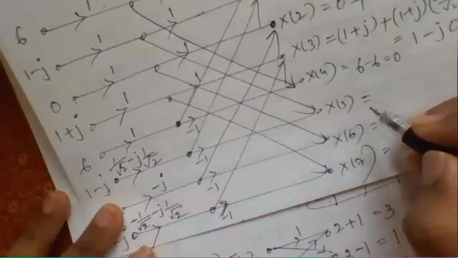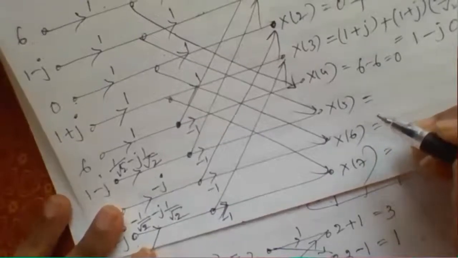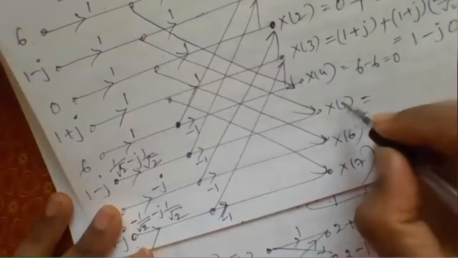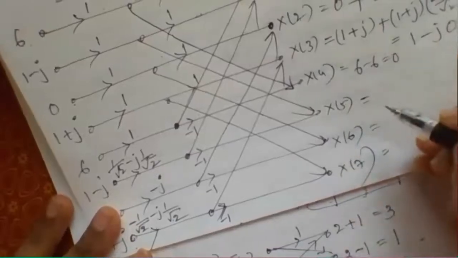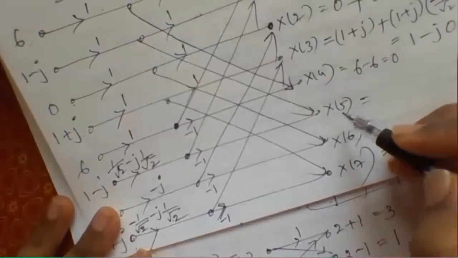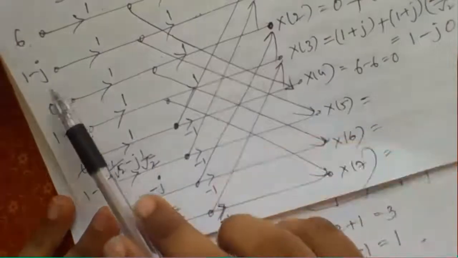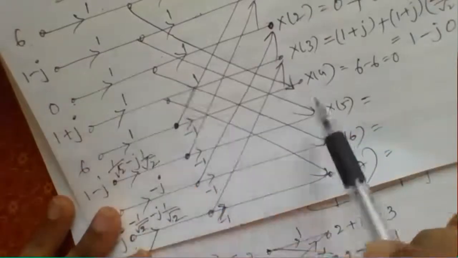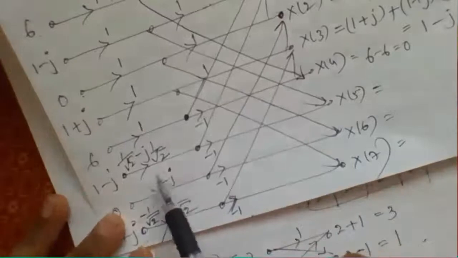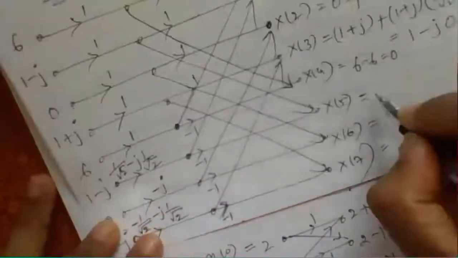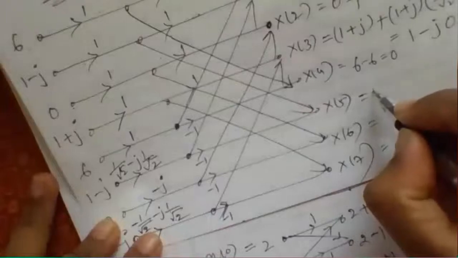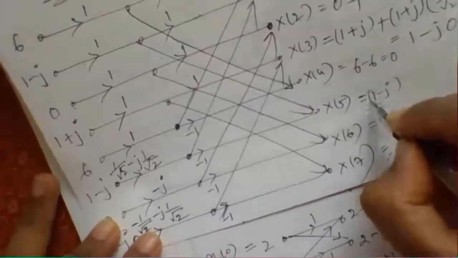So X of 5. What is the solution for X of 5? It's addition between 1 minus j and 0. So here, for X of 5, the first term is 1 minus j.